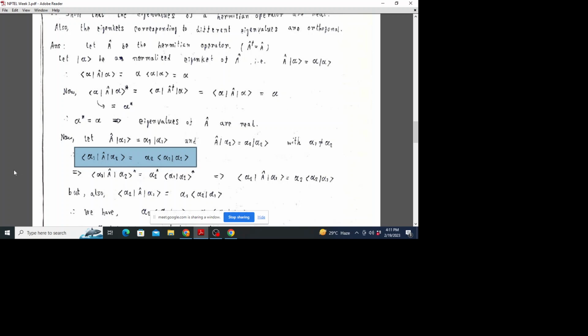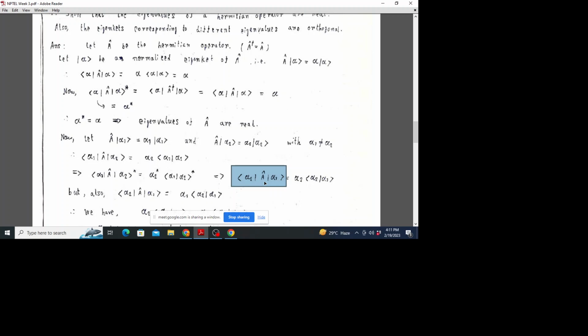This gives us this relation, and now take the complex conjugation on both sides. The left-hand side gives alpha 2 on the leftmost, then the operator A, then alpha 1. Here it should have been A dagger, but since A is Hermitian, A dagger is A, and that is why I have just written A.